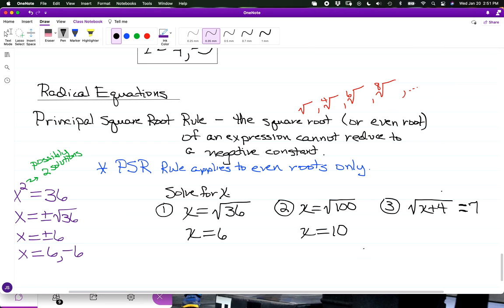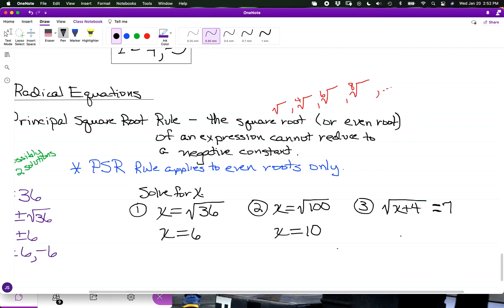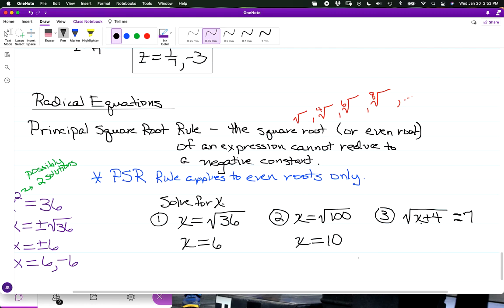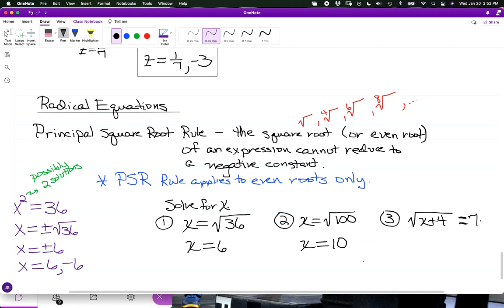So we have the square root of an expression. Like the square root of 36 does not reduce to a negative constant. The square root of 100 does not reduce to a negative constant. So we had respective solutions at 6 and 10. But let's say we have x inside the radical, whereupon we have the square root of x plus 4 is equal to 7. So we have the square root of an expression, and this reduces to 7, and 7 is not negative. So we're going to have at least a solution for x.